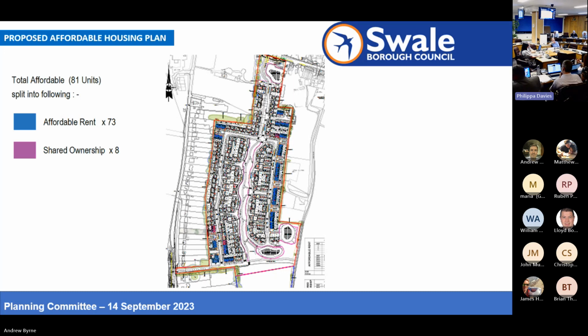Thank you, Chair. Yes, so in terms of the access, as Mr. Allwood has already set out, this was something that was determined at outline stage. So in terms of changing that, that's not really something we can do within the scope of this application. What we're considering as part of this application is the scale, design, layout and landscaping of the proposal in front of us.